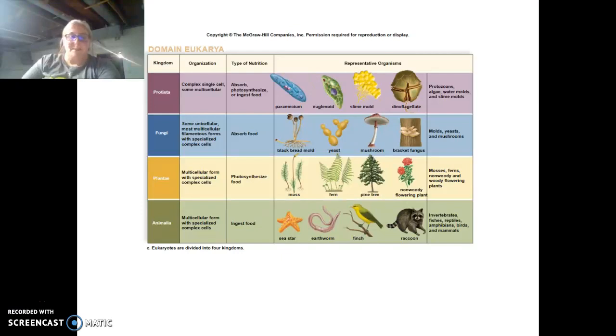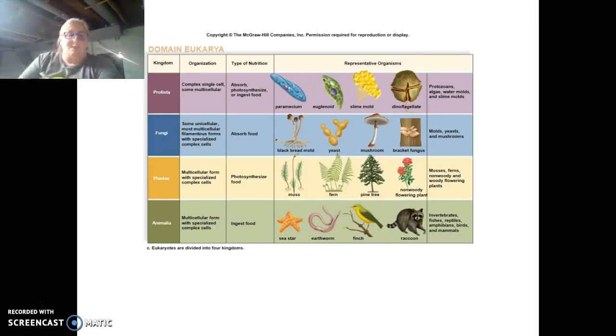So here are some examples. Protists. In general, protists are the catch-all for eukaryotes. If you don't fall into any other category, you might be considered a protist.